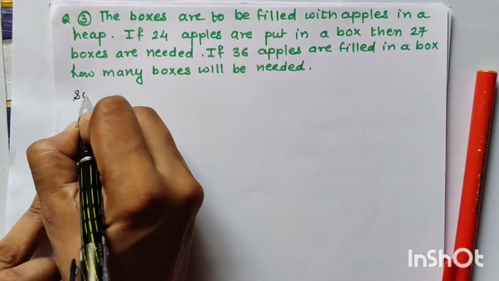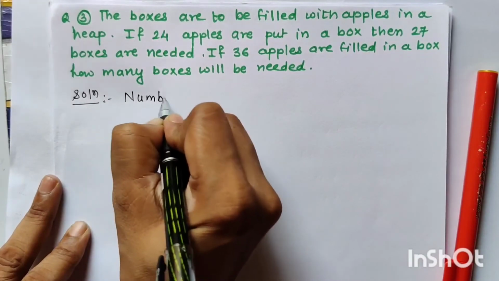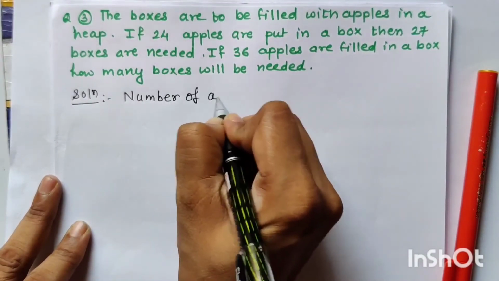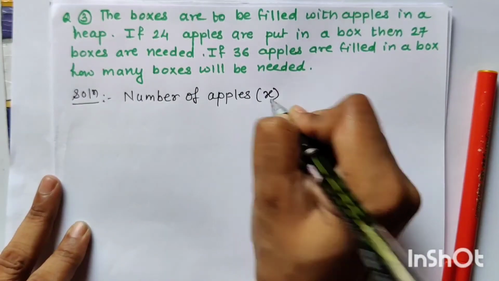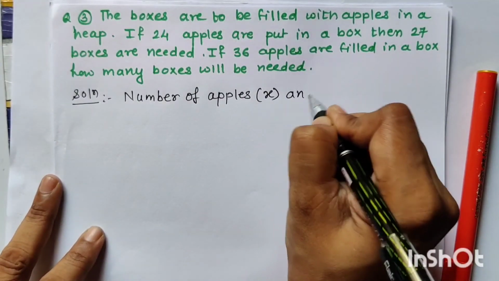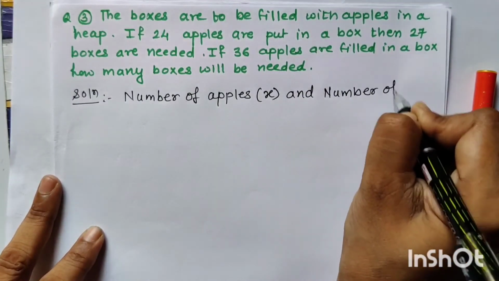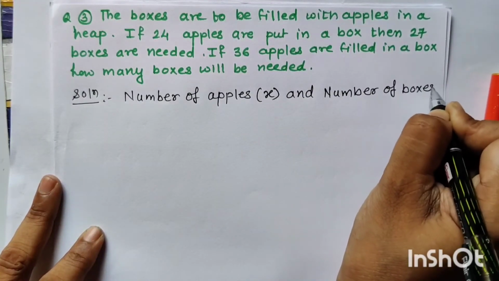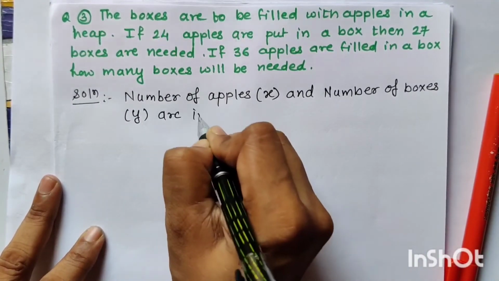Start the solution with a statement. Number of apples, we can take any variable because a variable is not given in our question. So I will take x, and number of boxes, I will take y, are in inverse variation.